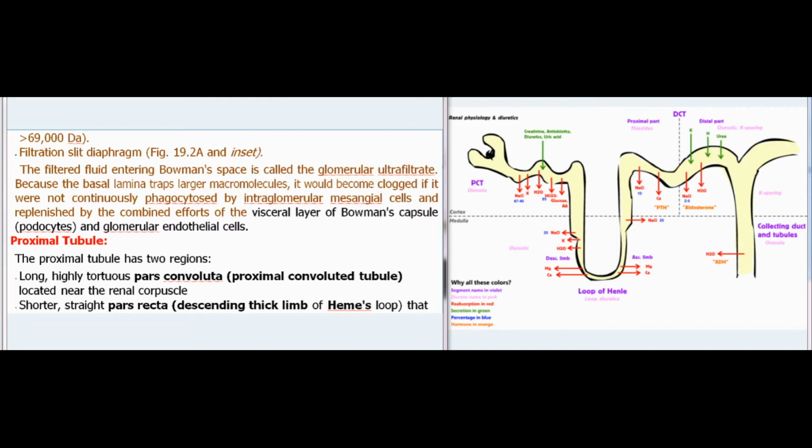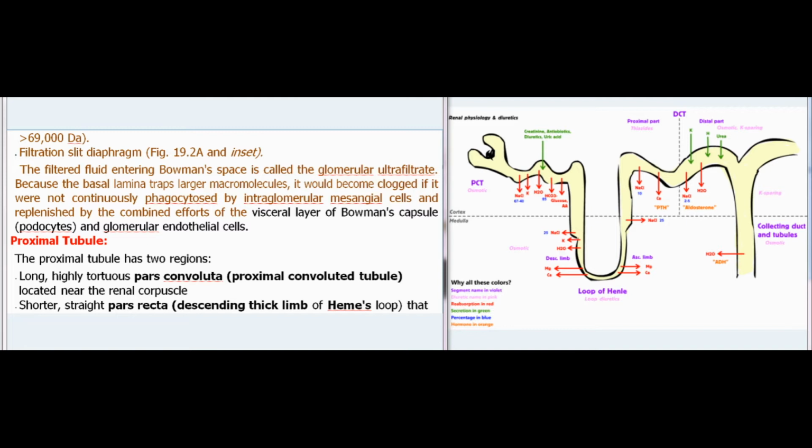The filtered fluid entering Bowman's space is called the glomerular ultrafiltrate. Because the basal lamina traps larger macromolecules, it would become clogged if it were not continuously phagocytosed by intraglomerular mesangial cells and replenished by the combined efforts of the visceral layer of Bowman's capsule, podocytes, and glomerular endothelial cells.